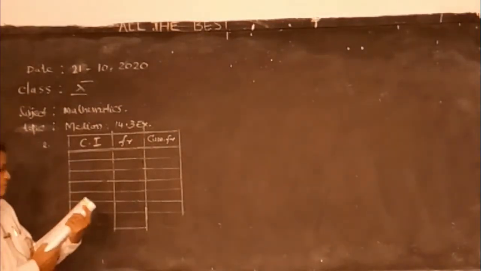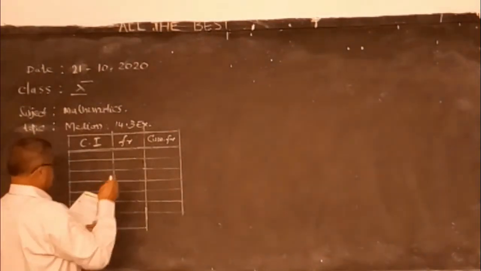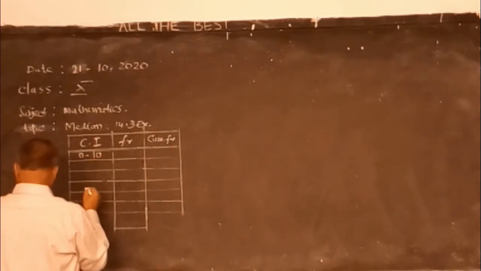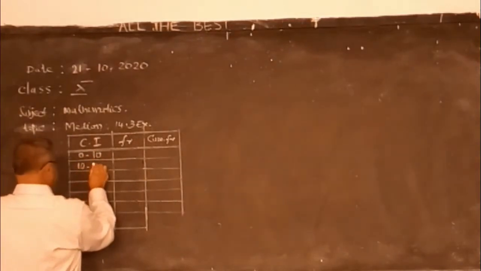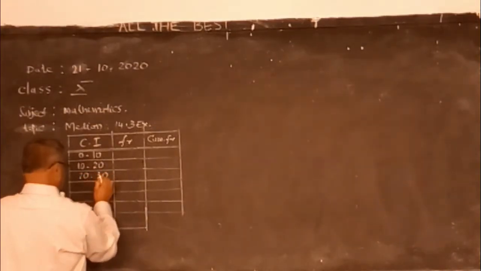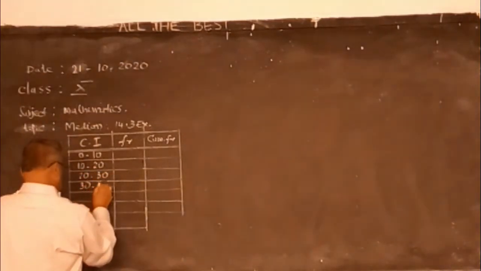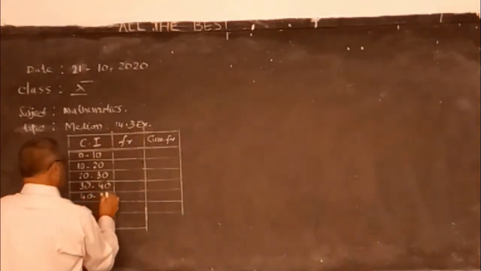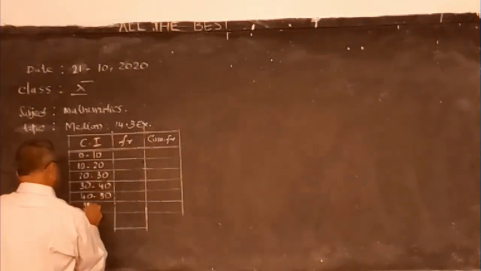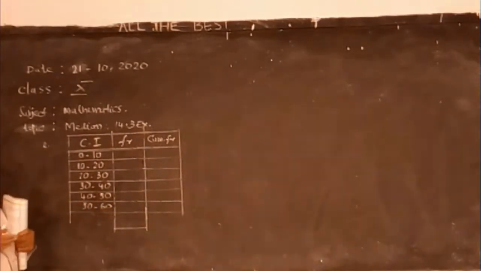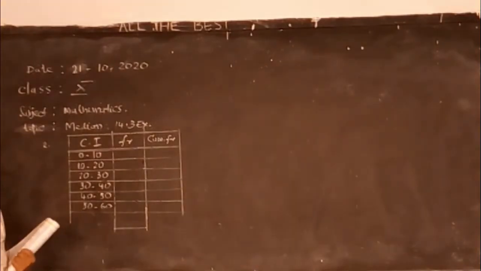Now the class intervals given in the problem are 0 to 10, 10 to 20, 20 to 30, 30 to 40, 40 to 50, and 50 to 60. This is given in the problem only.